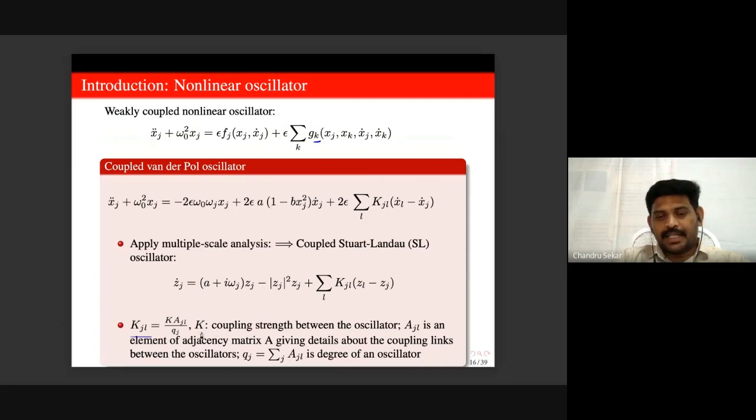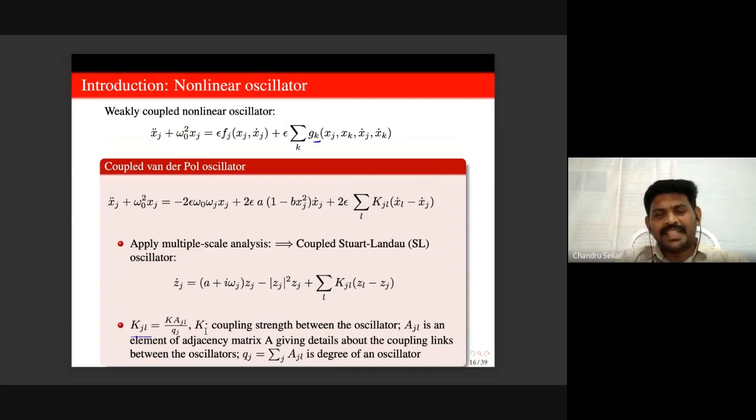Here, capital K is the coupling strength between the oscillators. A_jl is an element of the adjacency matrix A, giving detail about the coupling links between the oscillators. A_jl equals 1 if the jth and lth oscillators are coupled, otherwise it is 0. And q_j is the degree of the jth oscillator.